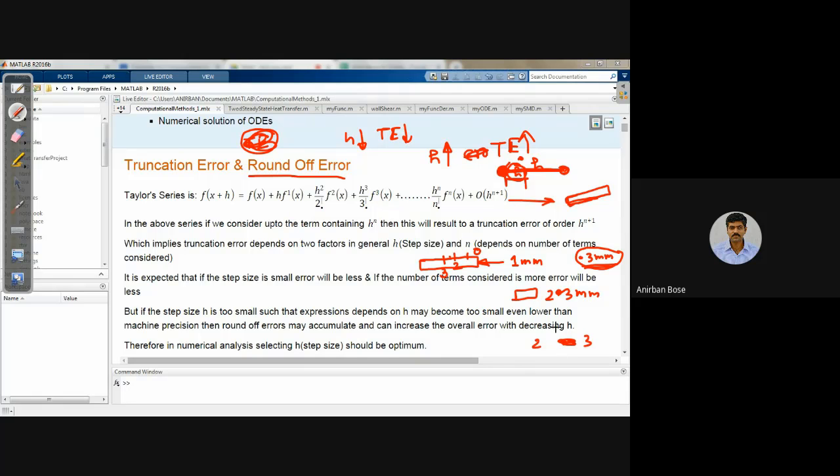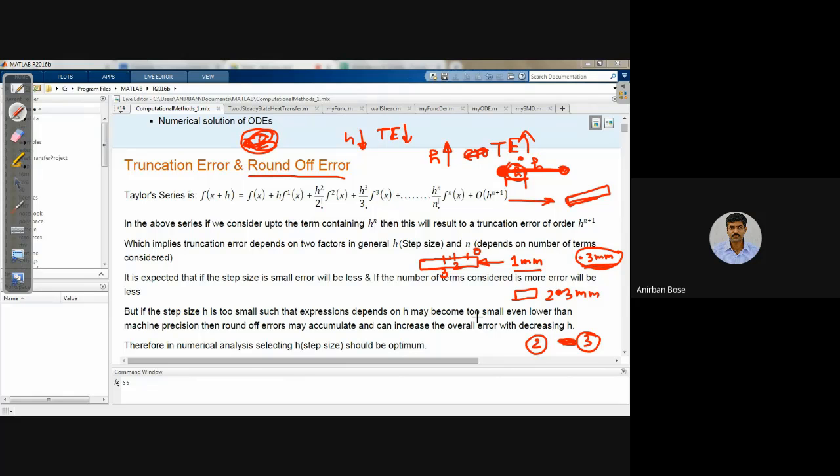You can't write 2.3 millimeter or 2.5 millimeter or anything, because the least count is 1. So if the dimension is less than the least count, then definitely some error will come into the picture. That you can easily understand.